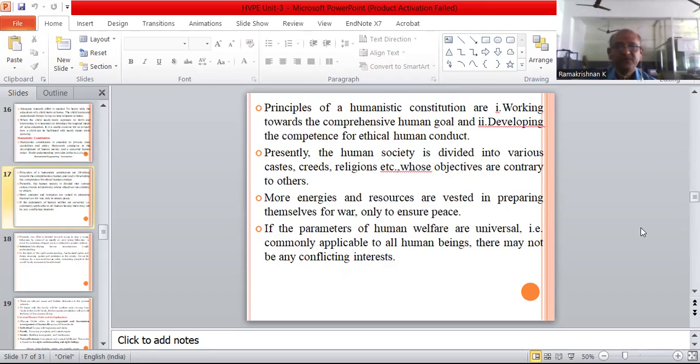The principles of humanistic education are working towards a comprehensive human goal, and second, developing the competence for ethical human conduct. Now more work, endeavor and energies are utilized to prepare only for war, that is, to ensure the peace.